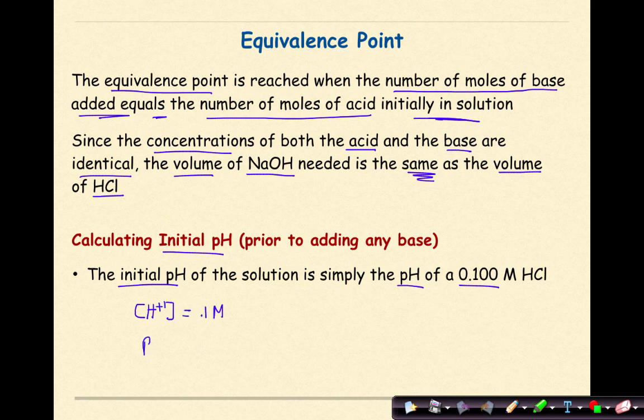And we can figure out pH by saying pH is equal to the negative log of our hydrogen ion concentration. Therefore, the negative log of 0.1 molar is equal to a pH of 1, which is basically what we stated at the beginning of this tutorial, that when we look at that strong acid, strong base graph, we're starting at a pH of 1.